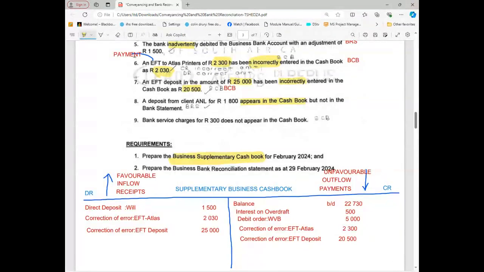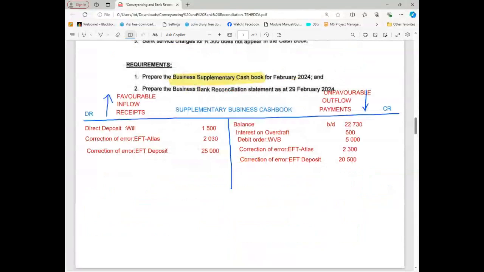So where will I record this, the cash book or the bank record? On the bank record. So we call this an outstanding item. We'll come back to it because we still have to focus on the bank record.